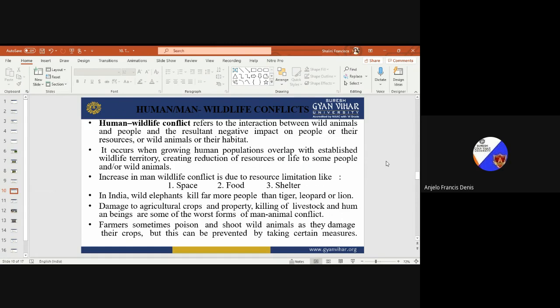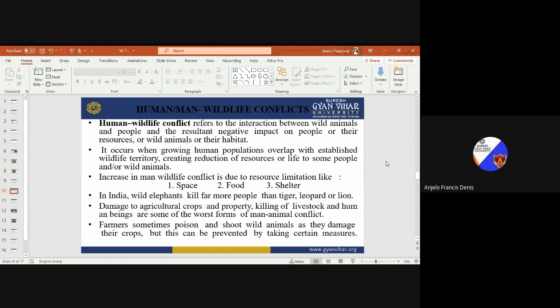It refers to the interaction between wild animals and people and the resultant negative impact on people or their resources, or wild animals or their habitat. It occurs when a growing human population overlaps with established wildlife territory, creating a reduction of resources or life to some people or wild animals.